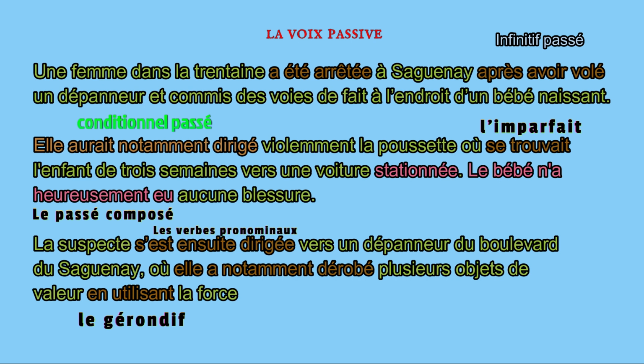And the last part of this grammar is en utilisant la force. This is le gérondif. And how do we create le gérondif? We always have to use en, and then for the verb utiliser, we replace the ending with a-n-t, creating en utilisant, which means using the force.